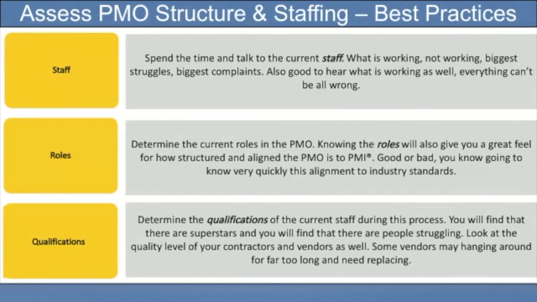So at the end of this, you want a great handle on all of the staffing, vendor, employees, contractors, whatever the case may be. But you want to walk out of this process really understanding the staff, so you can update your PMO recommendation report with what your findings are and what you want to do and what you expect to see when you take over this PMO. Does that make sense?